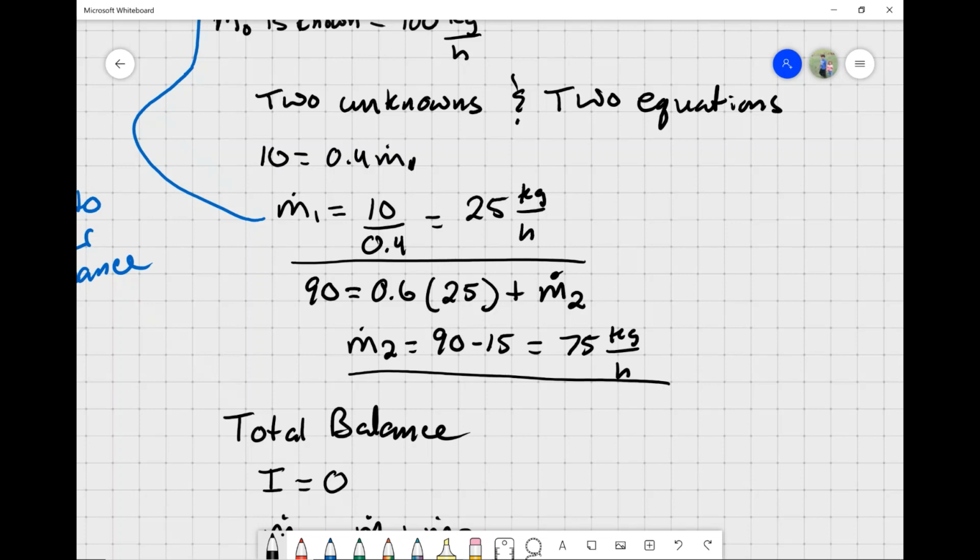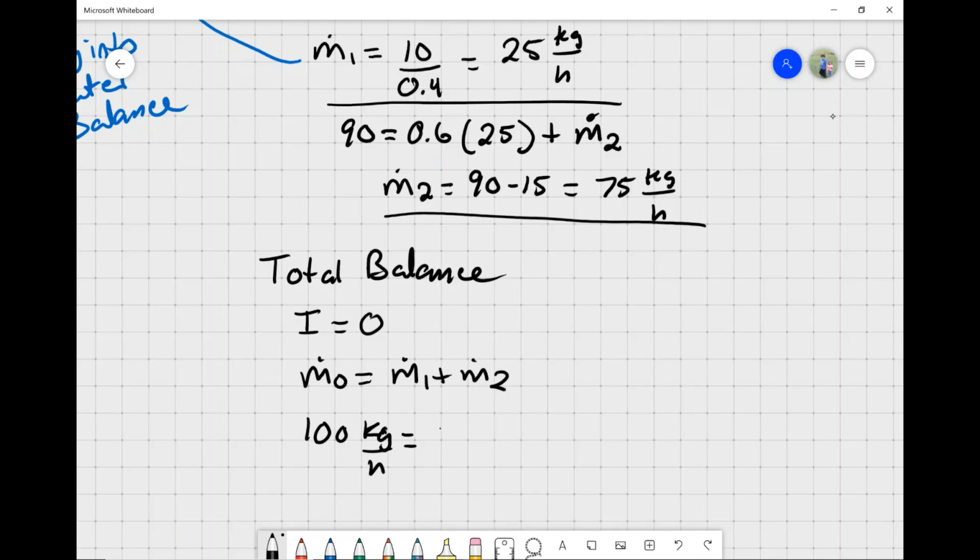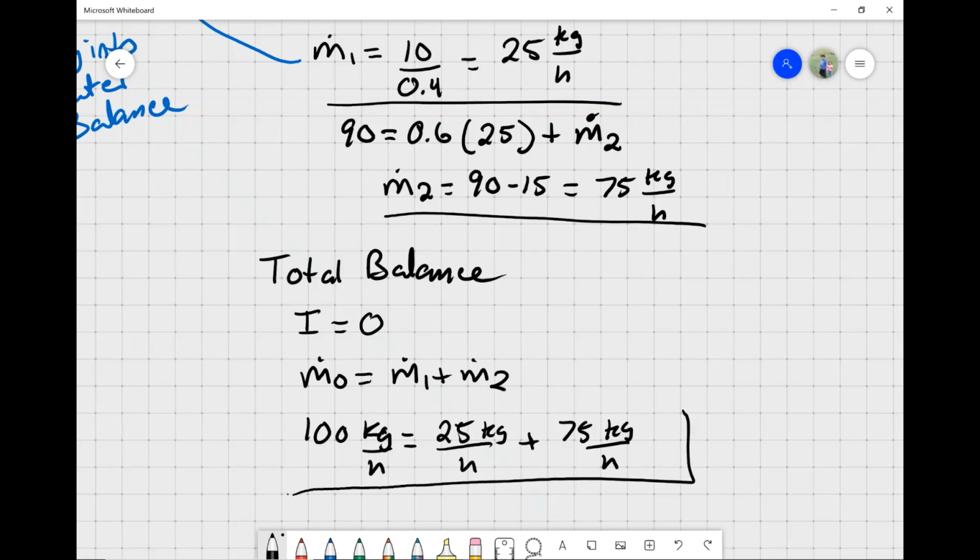We said that M1 was 25, and M2 is 75. And so 25 plus 75 by my math does indeed equal 100. And so there you have it.